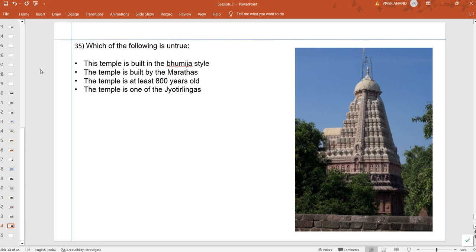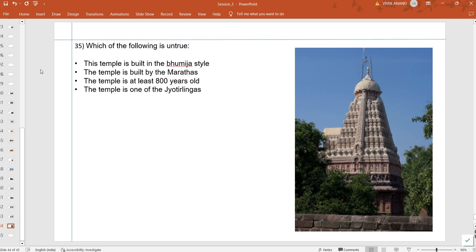If you can identify the features, you can tell what is the right answer. The temple is at least 800 years old is untrue. Yeah, that's right. The rest of the statements are the right ones.